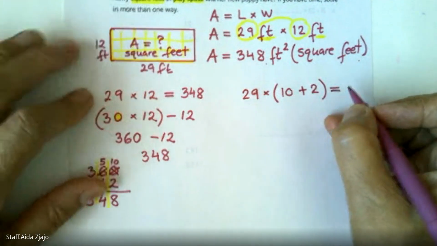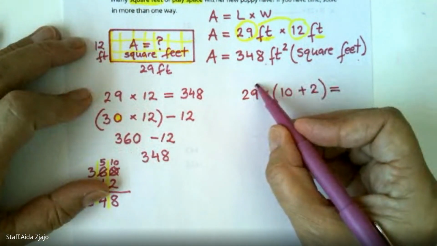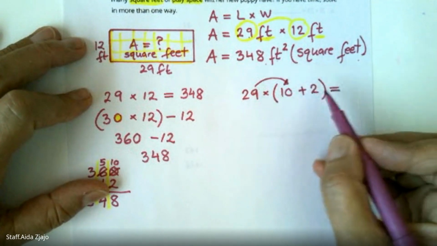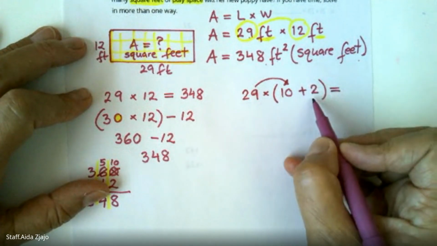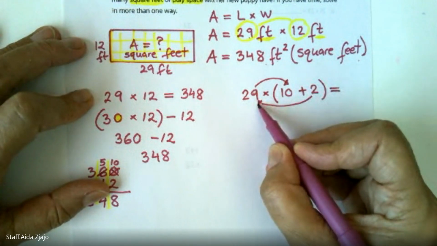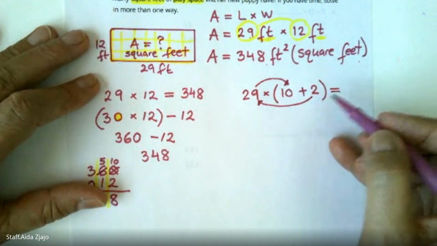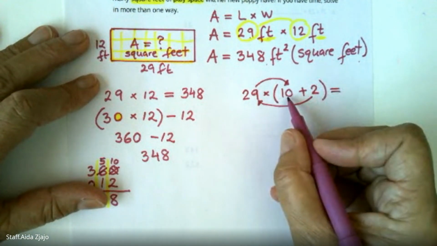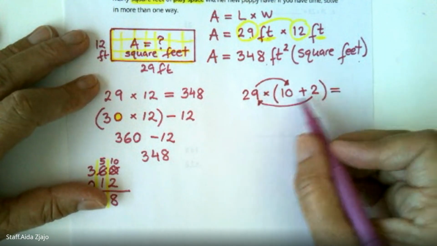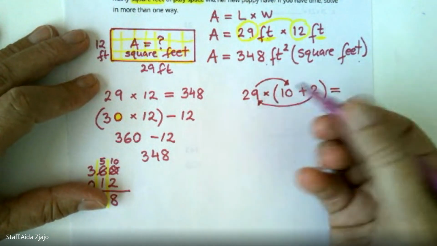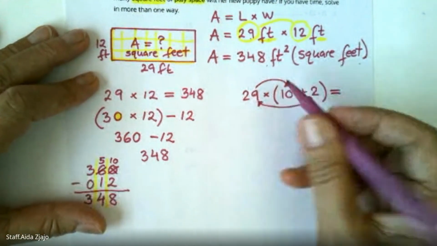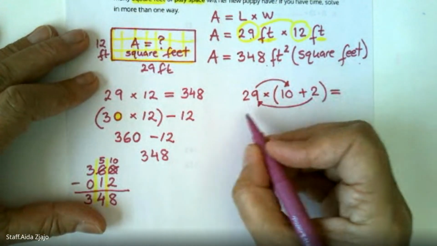So now I can think 29 groups of 10, and then also 2 groups of 29, or 29 groups of 2. It doesn't matter. We can say 10 groups of 29 and 2 groups of 29.